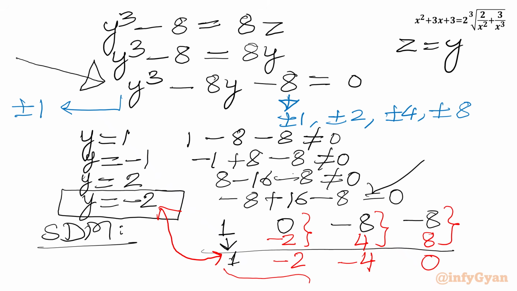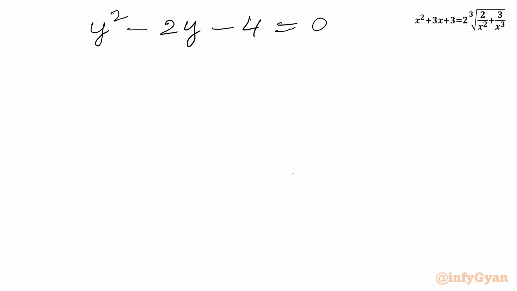So these are the coefficients for the quadratic equation in y. The equation will become y² - 2y - 4 = 0. Let me write here y² - 2y - 4 = 0. I will take -4 to the RHS. So y² - 2y = 4.